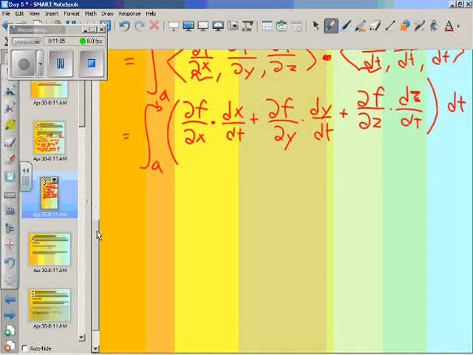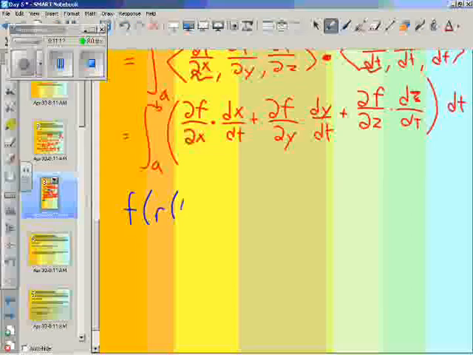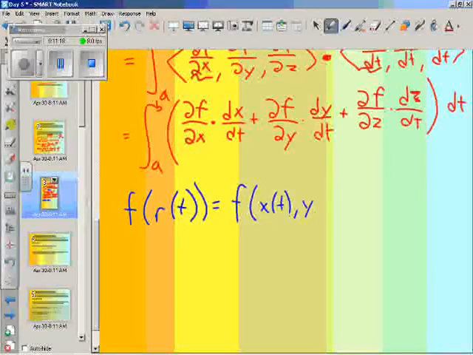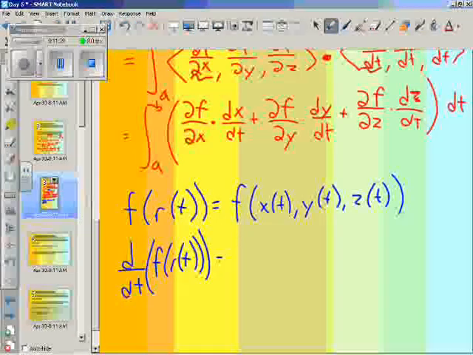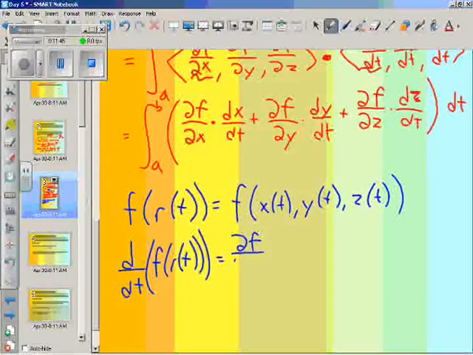What I mean by that is, remember, if we have f of r of t, which equals f of x of t, y of t, z of t, then when we take the derivative with respect to t of this f of r of t, we have to take the derivative of the function with respect to that function's first variable, and then multiply by the derivative of that variable with respect to our independent variable t.